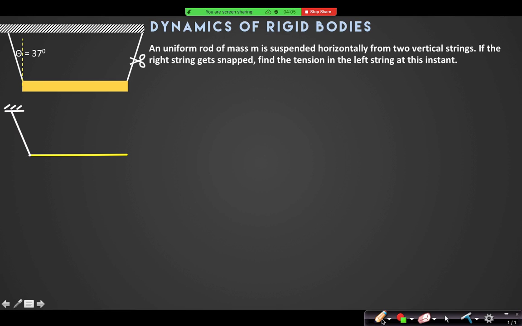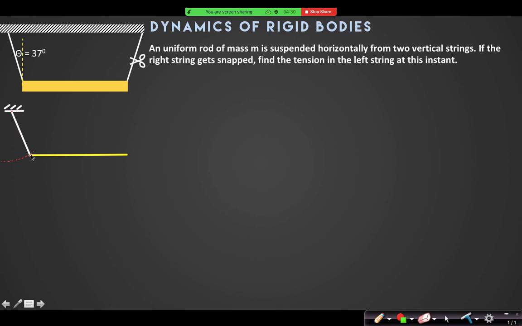The point where the string connects with the rod must be moving in a circular path, yes or no? Because this length is constant, about this point it will move in a circular path.